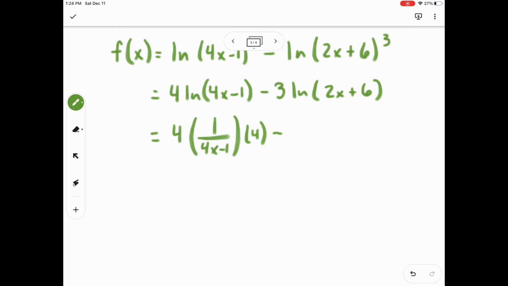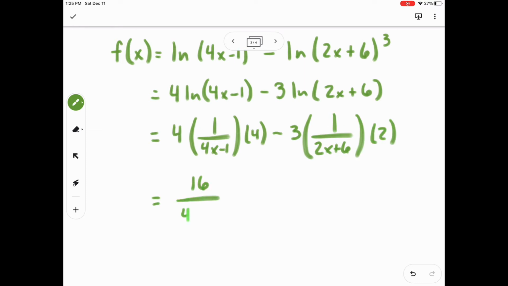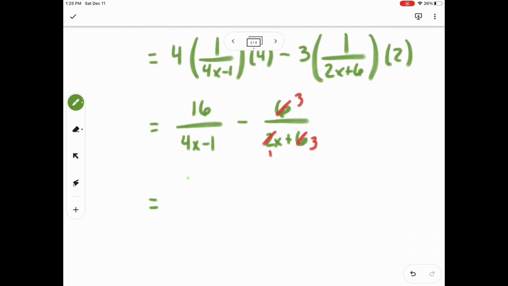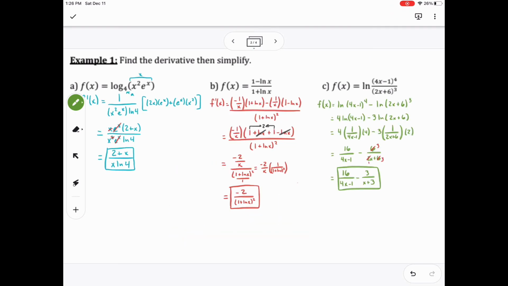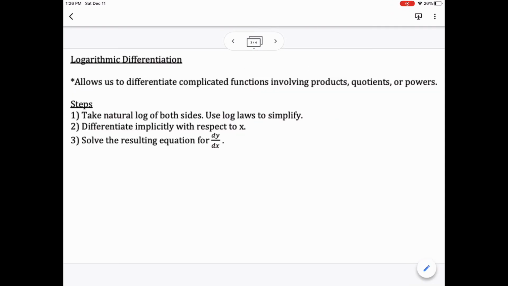And so then I could take the derivative of 4 times the ln, which is just 1 over 4x minus 1. Now 4x minus 1 and 2x plus 6 have a derivative on the inside, so I have to take the derivative of those using chain rule. But then it's pretty easy to simplify from there. And there's a 2 in common with that last fraction, so I'm able to get 2 fractions. Now you can make common denominators and put them together, but that's up to you.